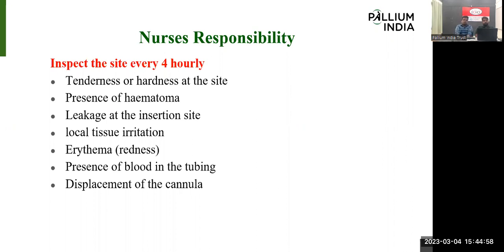So we need to check. Then check whether the patient reports any local tissue irritation. Then check whether there is any redness or erythema around the insertion site. Then, as I already told, check whether any blood content or blood-tinged fluid is present inside the tubing.